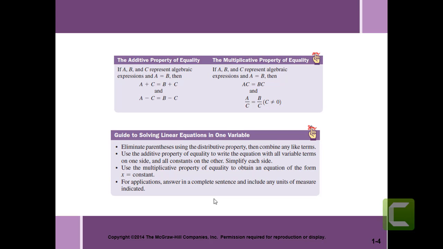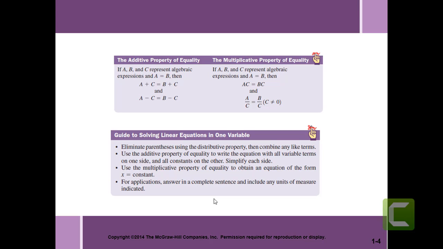Think about these as the order in which you want to do things. First, you want to eliminate any parentheses, like by using the distributive property. Then combine any like terms. Once you do that, you're going to use the additive property of equality to get all of the variables on one side of the equal sign and all of the constants on the other side.